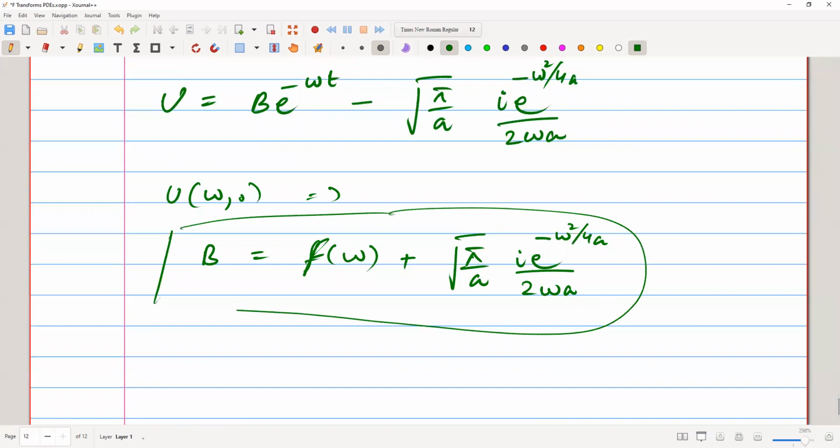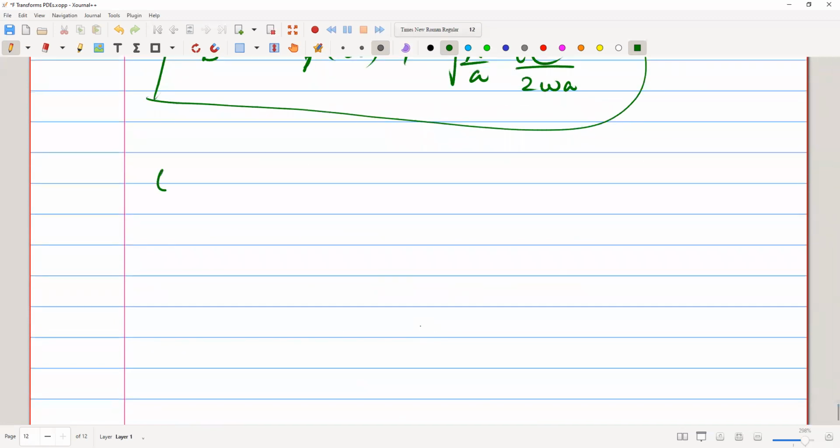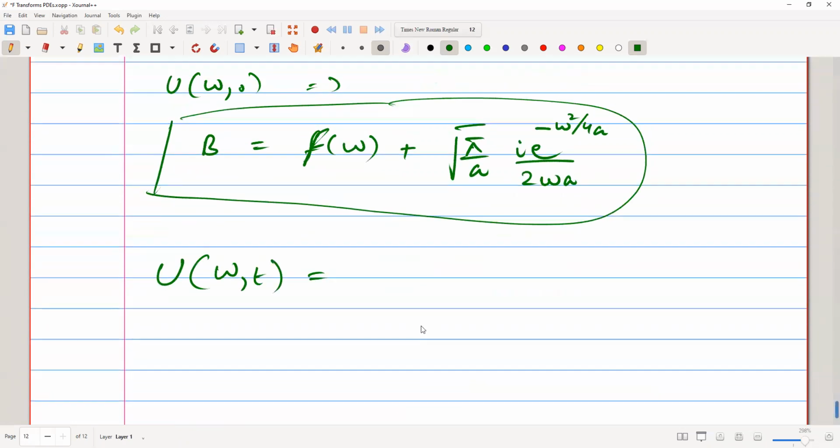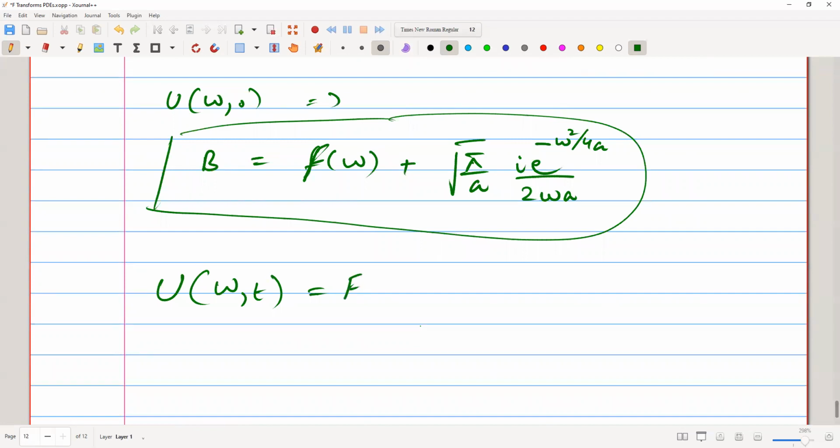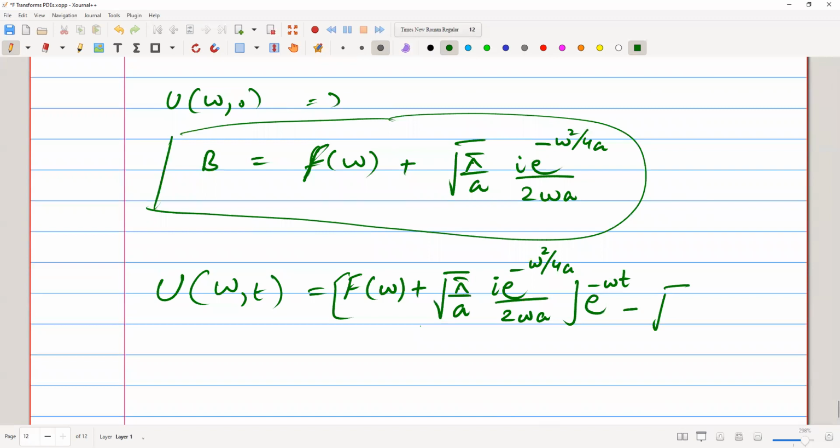So this is the value of b. Now the complete solution in terms of omega t will be b times this function, so it's f omega plus square root of pi over a iota e to the power negative omega squared over 4a over 2 omega a times e to the power negative omega t minus square root pi over a iota e to the power negative omega squared over 4a over 2 omega a.